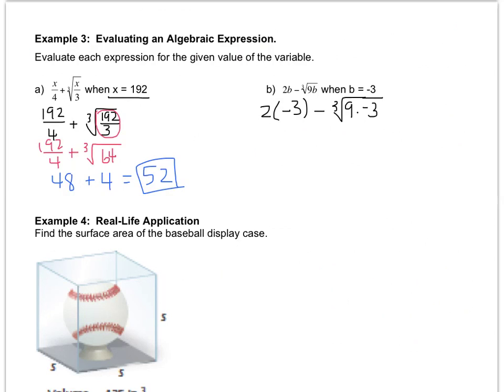So I will go straight to the radical, and I will get the cube root of negative 27, bring everything else down. Cube root of negative 27 from the other example is negative 3. And I'll do this multiplication while I'm here. It's negative 6 minus negative 3. I just brought down that minus sign. And that is negative 3 as a final answer.